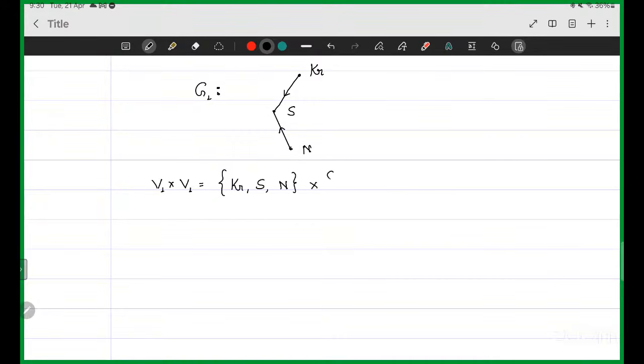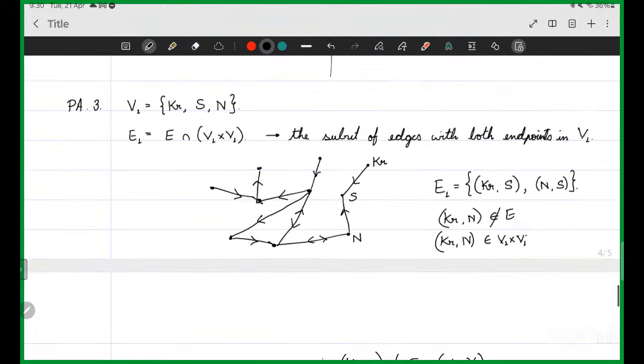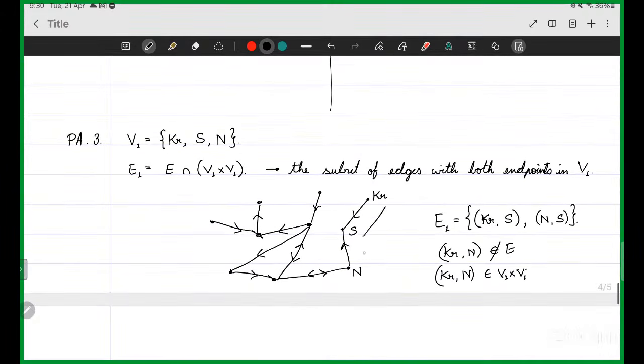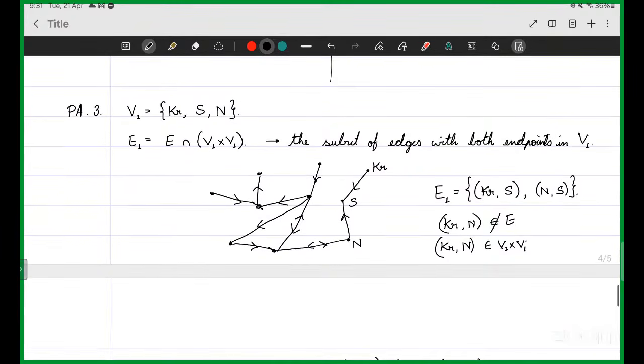So you'll have 9 elements out of this. So this is one set of 9 elements, and the edge set is precisely KRS, NS, and there are all these other edges. I don't know how many edges, you can count them. That is another finite set. You're taking the intersection of the two.